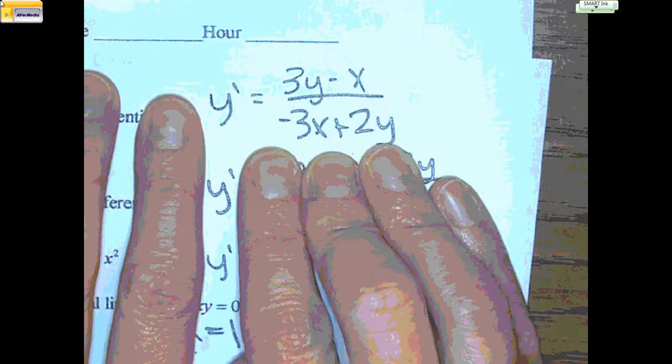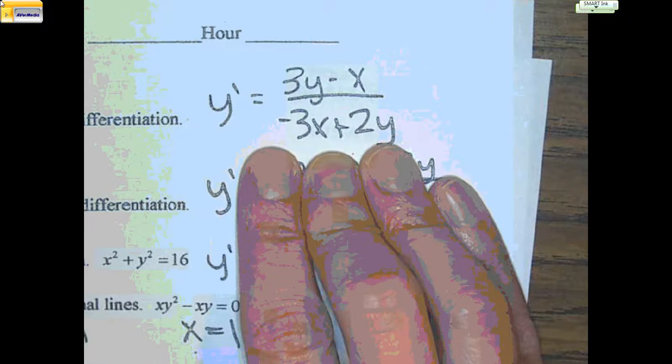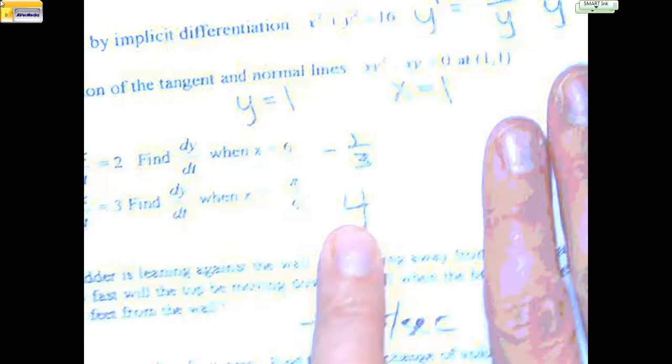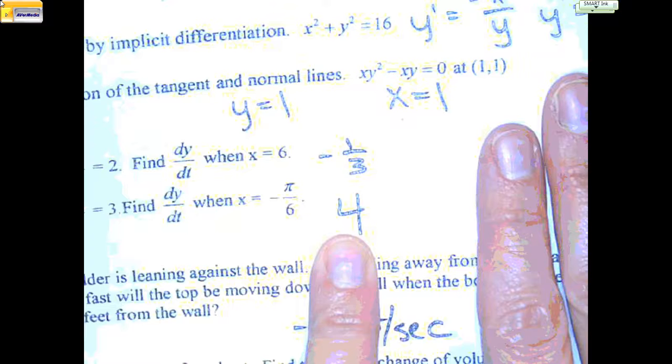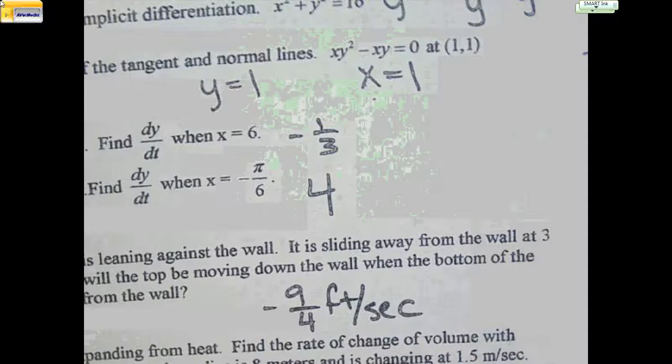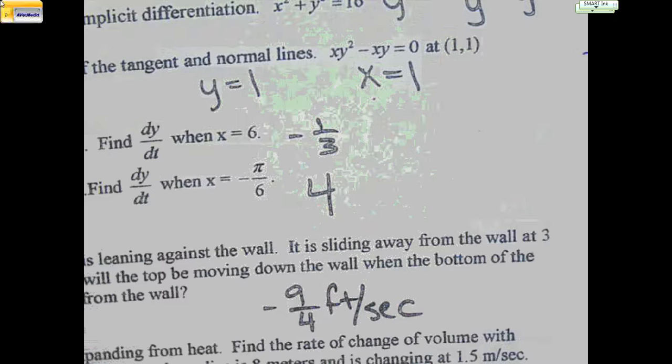Did we do 9 together? Did we do 10 together? 11? Okay. Number 5 on this page. X, Y, tan X. Negative a third and 4. And I did all the last page for you. So that should set you up for tomorrow. Study, study, study.